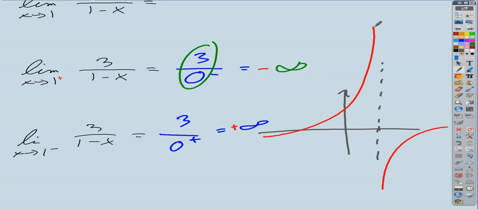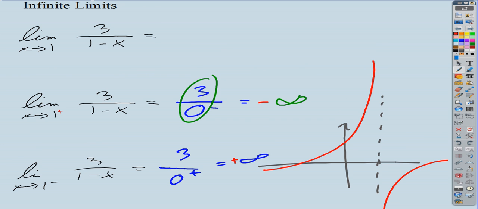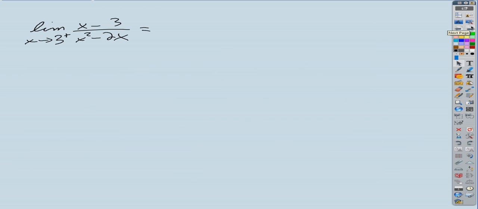So then if we go back and look at the two-sided limit, can I say something specific about it? I can't. I can't say anything specific here because the limits from either side were different, right? Now, what if they had both agreed that they both were approaching positive infinity? Well, then I could have said infinity there, right? Okay. Let's try another one.